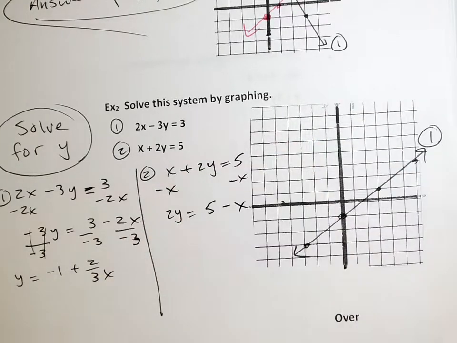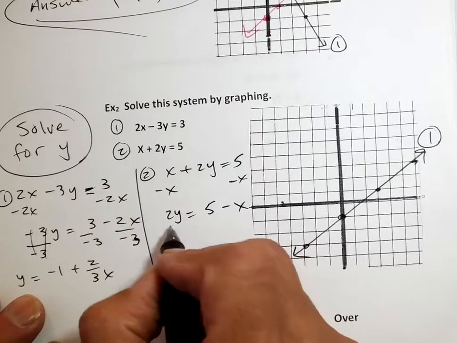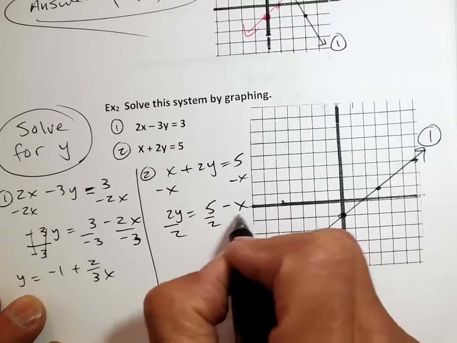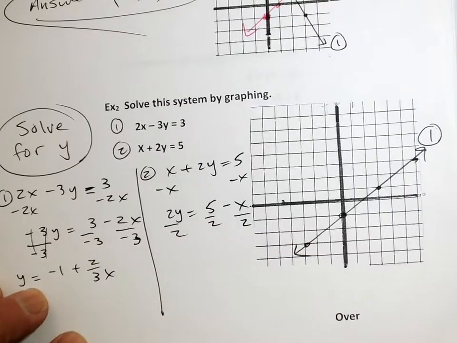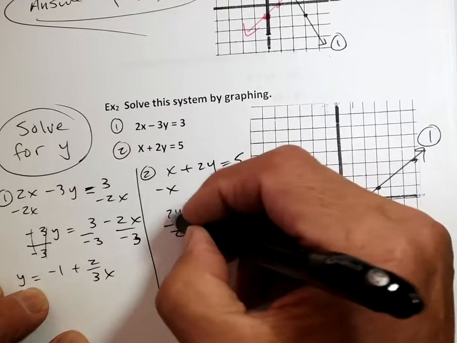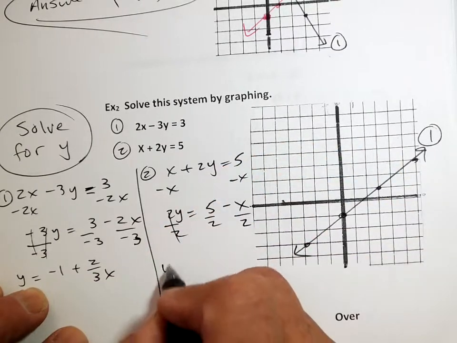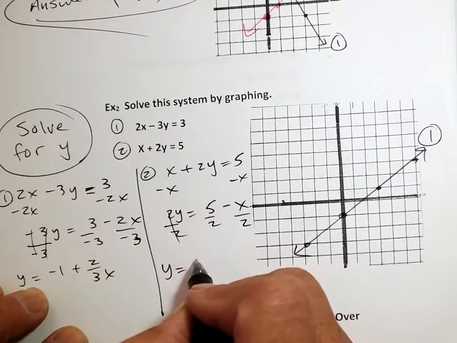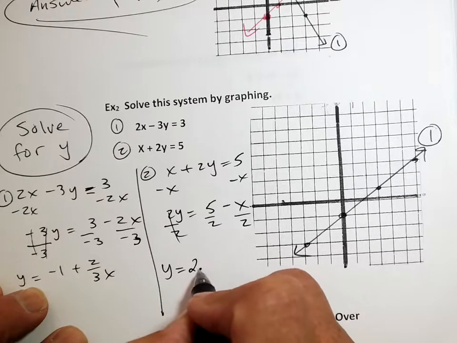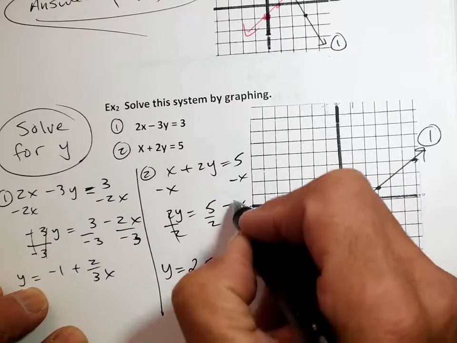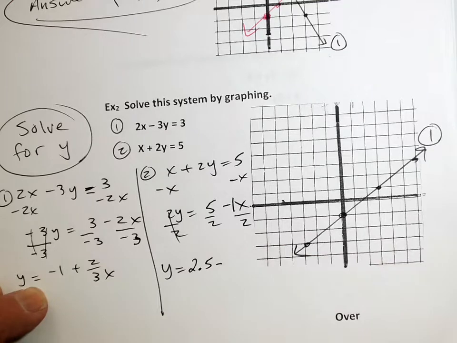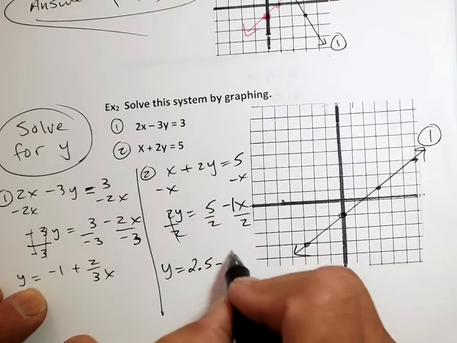Don't subtract them, one's a variable and one's a number. Divide everything by 2 to get y by itself. Then y equals 2.5 minus, and I'll put a 1 in front of the x, minus 1/2 x.